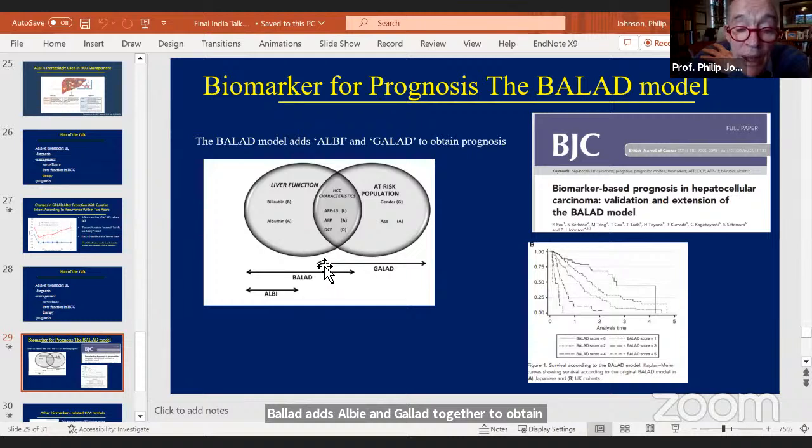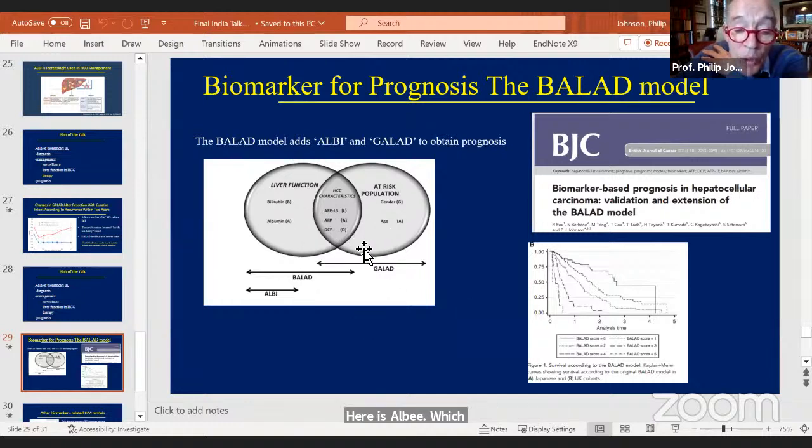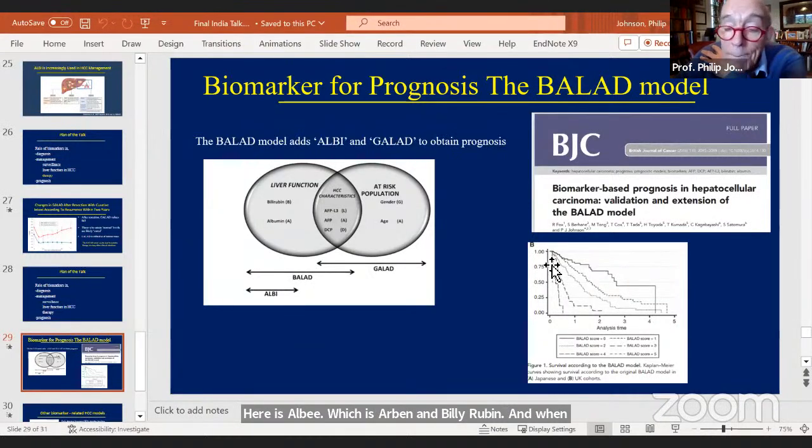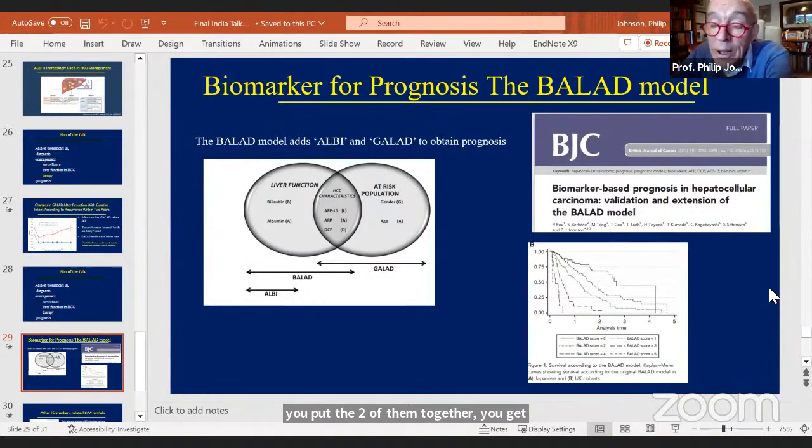So here is Gallad, which I've shown you, 3 biomarkers plus age and gender. Here is ALBI, which is albumin and bilirubin. And when you put the two of them together, you get Ballad. And Ballad very accurately predicts survival after any form of treatment.